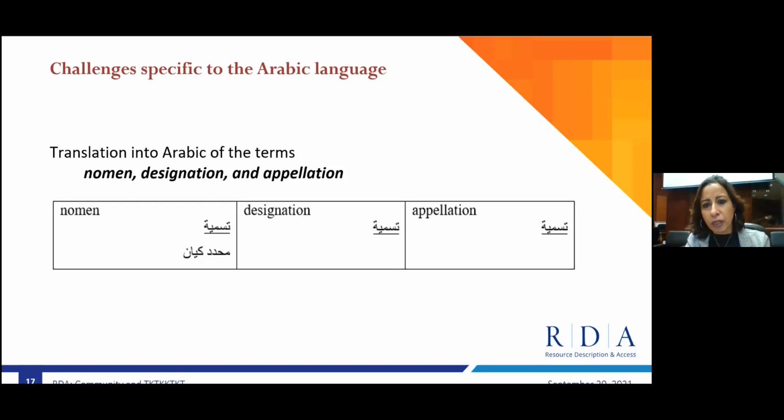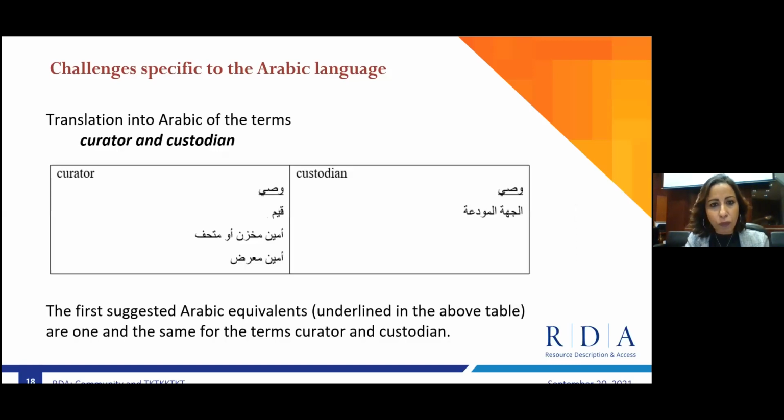So nomen, designation, and appellation is tasmiya in Arabic. Also, the translation into Arabic of the terms curator and custodian. It's wasi in Arabic, also the same, but we have other Arabic equivalents, but they're not that strong in their effect and in their meanings like the first one.